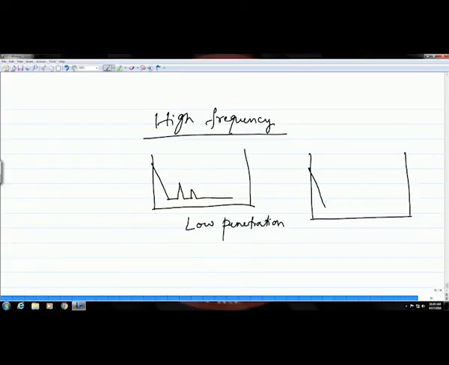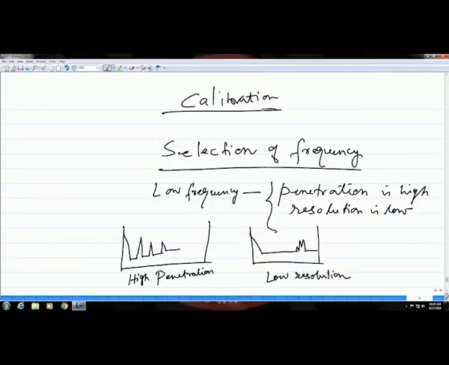Like in the previous case, if you have the same scenario, two or three defects lying very close to each other, then in this case you will get two or three distinct echoes like this, corresponding to the two or three different defects which lie close to each other. In the previous case, we have seen that they are kind of getting merged into one peak, they are overlapped.